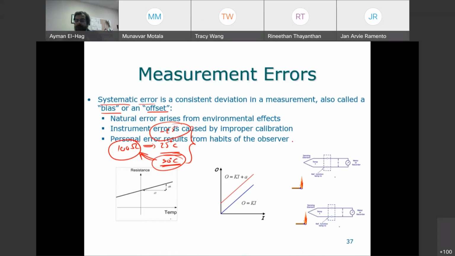You are measuring using a thermocouple at a temperature, and instead of having a specific distance, let's say 0.2 centimeter, you are, by mistake, having a much longer distance. Okay, let's say instead of 0.2 centimeter, it is 10 centimeters. So this distance will impact the measurement, and you will have a bias in your results.